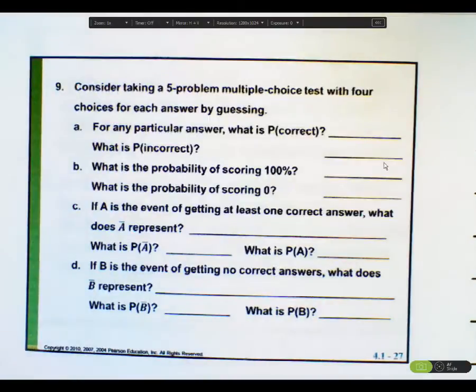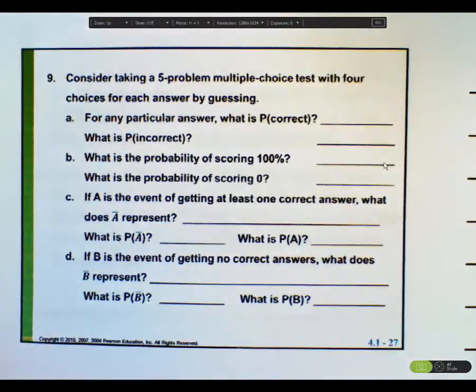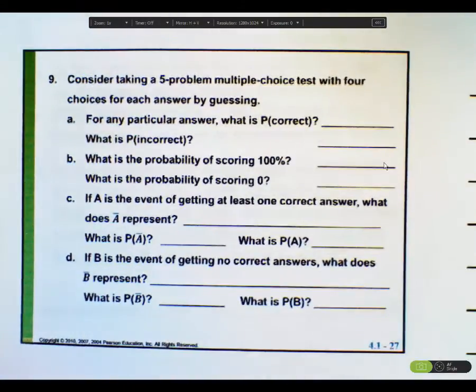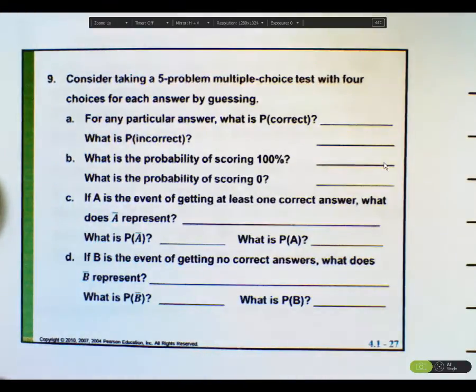All right. I believe there are 2 more. Number 9 says, consider taking a 5-problem multiple choice test with 4 choices for each answer by guessing. All right, so the test has 5 problems, and each problem has A, B, C, and D as the possible choices.